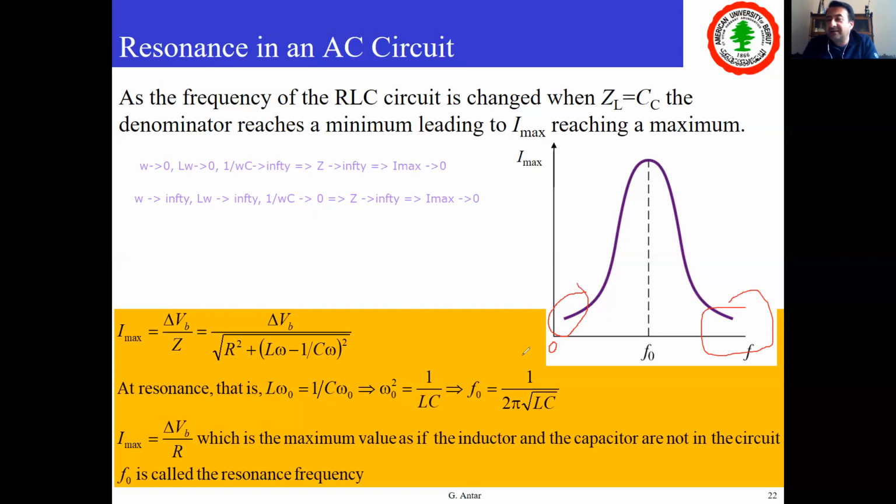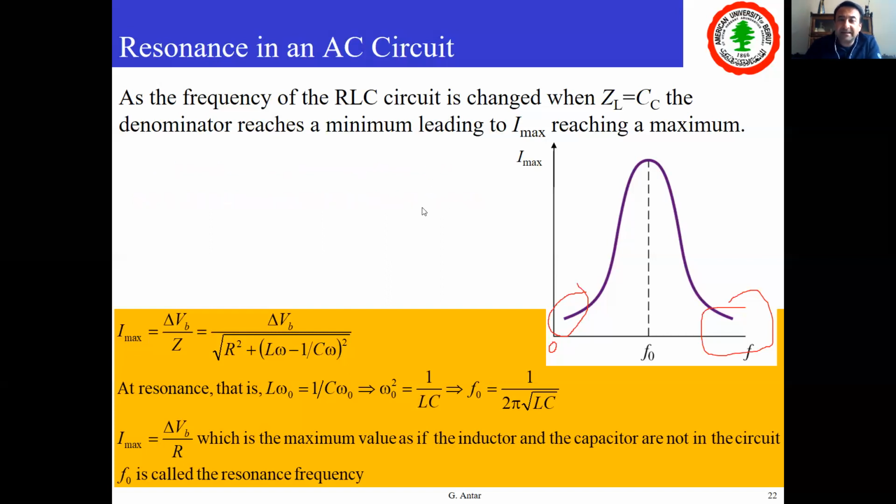This is what we call the resonance frequency. So at this resonance frequency, my current is maximum, and basically I'm filtering out all the frequencies which are below or above this F0. I hope this discussion was clear.